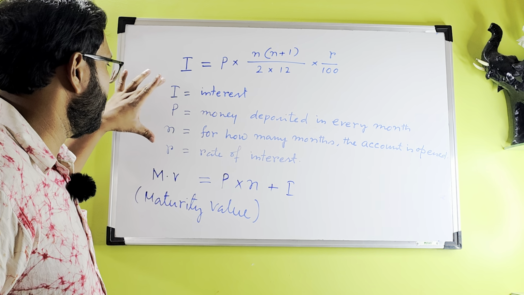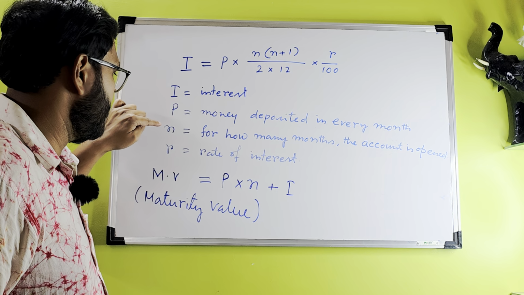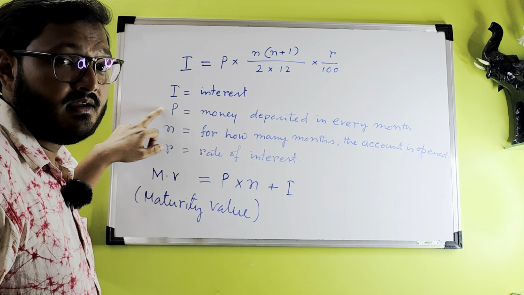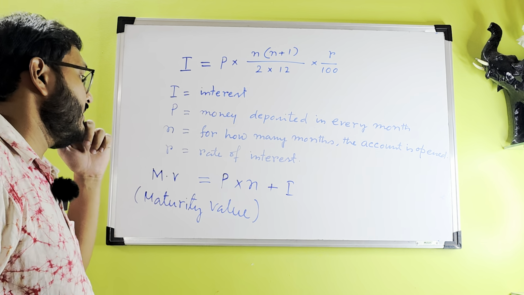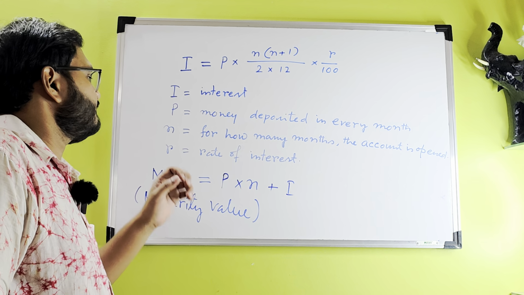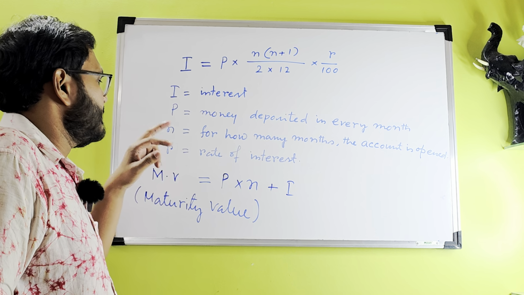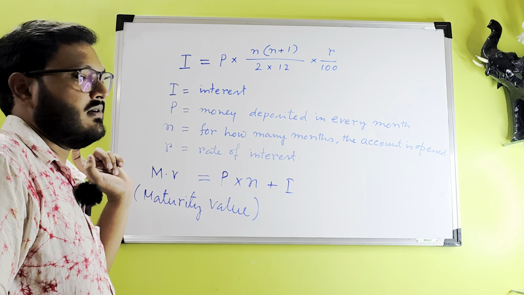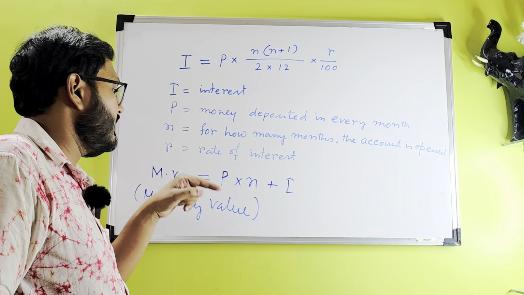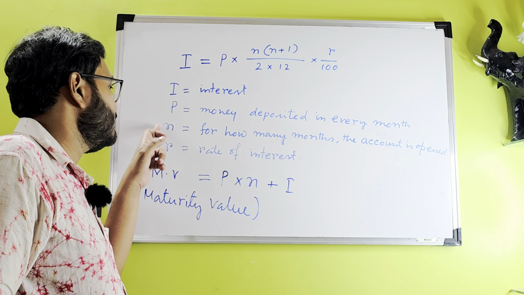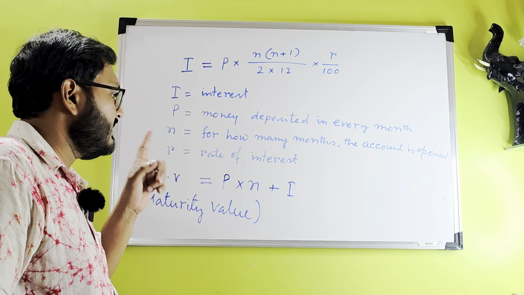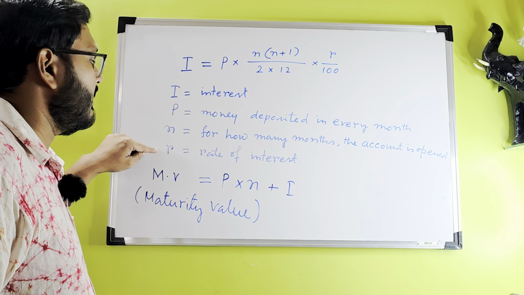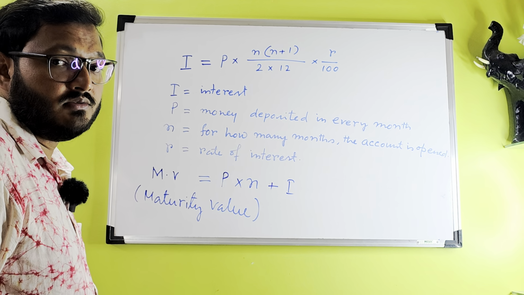Next, they can give interest, N and R, and you will be asked to find the value of P. Another sum: I, P and R will be given and you will be asked to find N. In another case, these three will be given and R we have to find out.